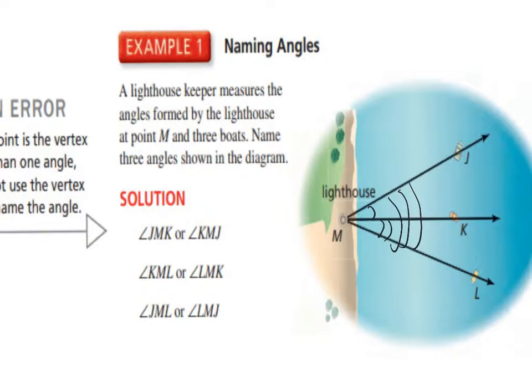They have angle JML, which is also angle LMJ. The only difference is they're switching around those endpoints, but they always keep that vertex in the middle. And then when you're naming those angles, of course, include an angle symbol. Questions on that?